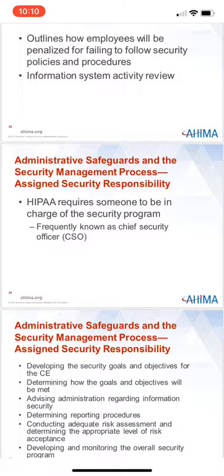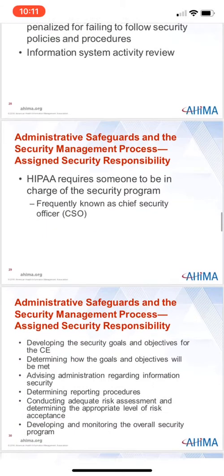This is where we're going to set our CSO, our Chief Security Officer. The security rule mandates an individual to be in charge of the security program for the covered entity. HIPAA calls the individual a security official. However, this position is frequently called Chief Security Officer by the covered entities.